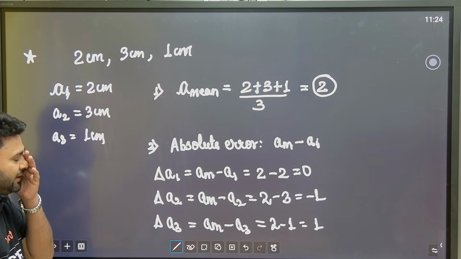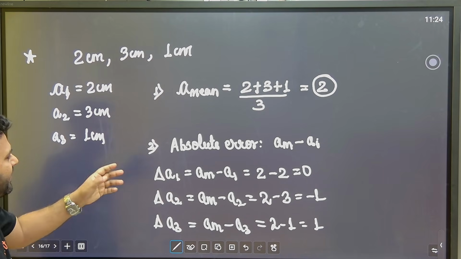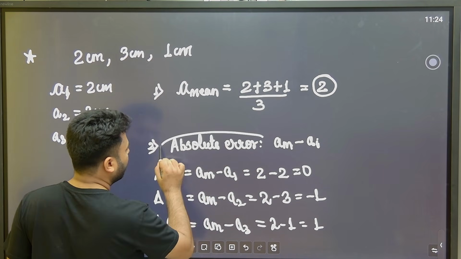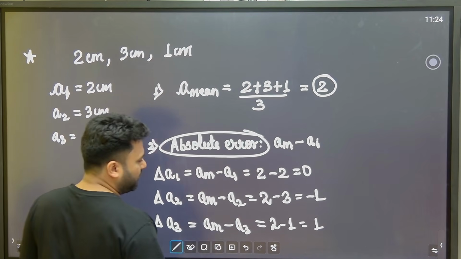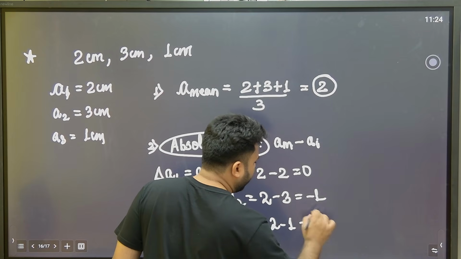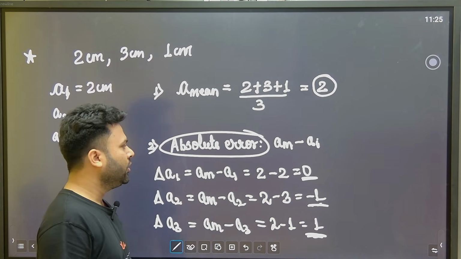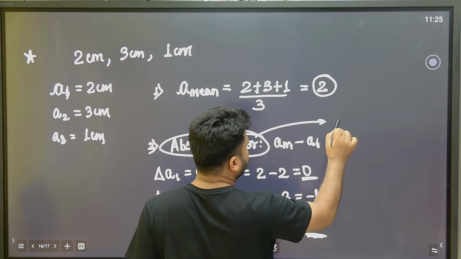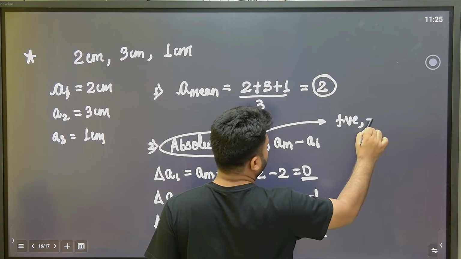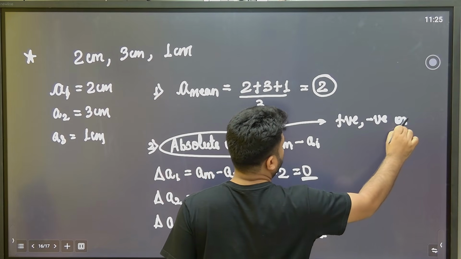Now you can see this absolute error can be positive, can be negative, can be 0. So always remember this point.